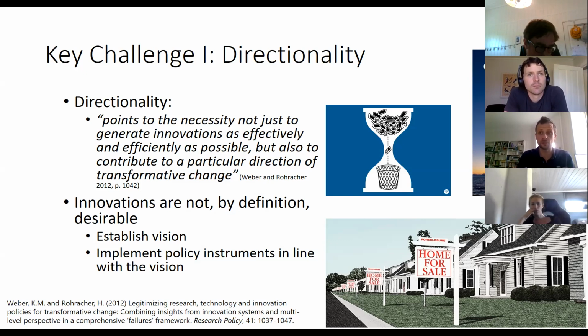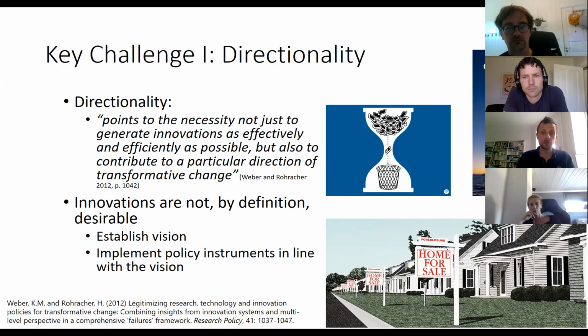So essentially it asks the question, is it really good that we invest in becoming better at getting oil and gas out of the ground? But not just when it comes to technical innovations, but also very much organizational innovations or business model innovations can have negative effects, right? So think about planned obsolescence.